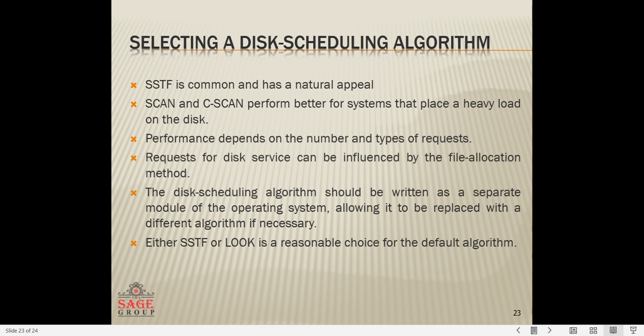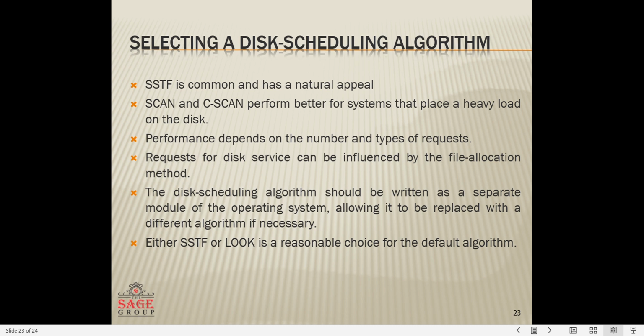Now, how will you decide which scheduling algorithm is good for your condition or particular scenario? These are some good ideas. SSTF is common and has a natural appeal. C-SCAN and SCAN perform better for systems that place a heavy load on the disk. Performance depends on the number and types of requests.